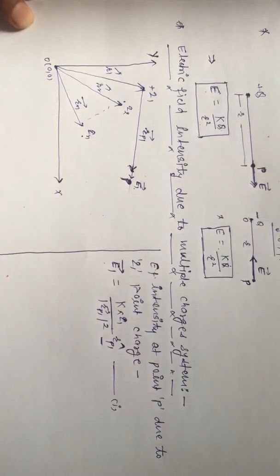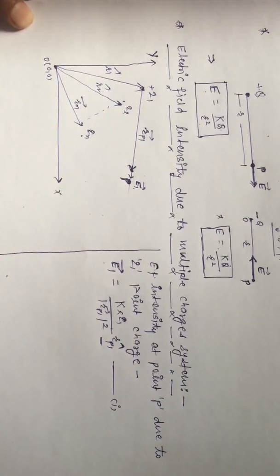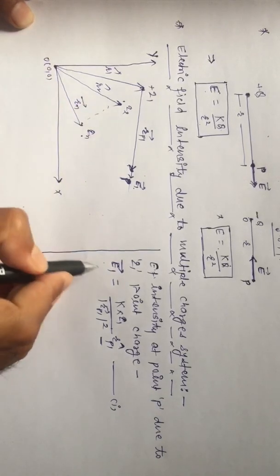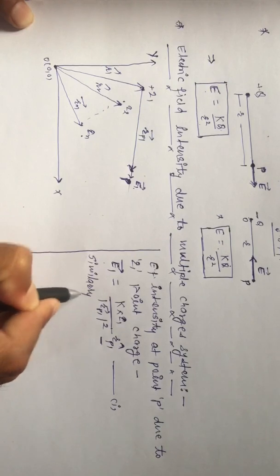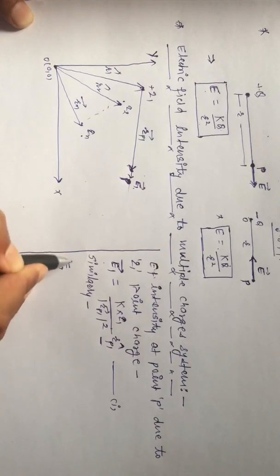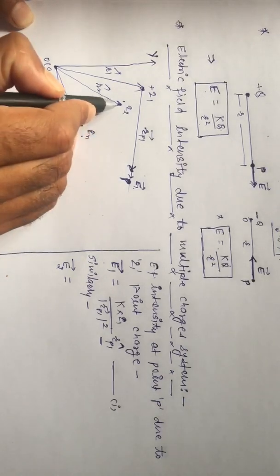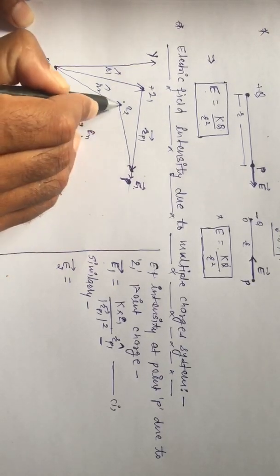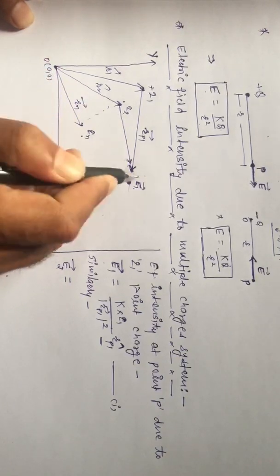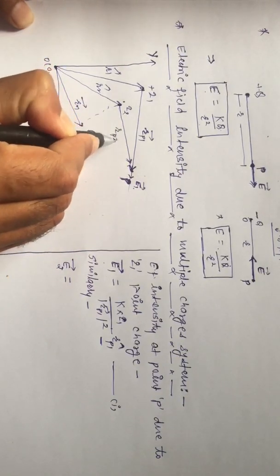At this point P, now find the electric field intensity due to Q2 charge. I am writing similarly. Electric field intensity due to Q2 charge. Tell me, due to Q2 charge, suppose the position vector of this point P is rp2 vector.